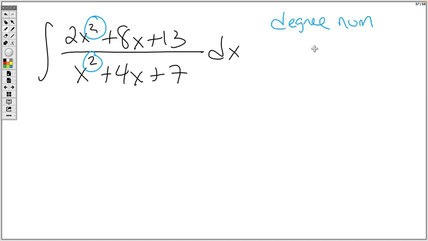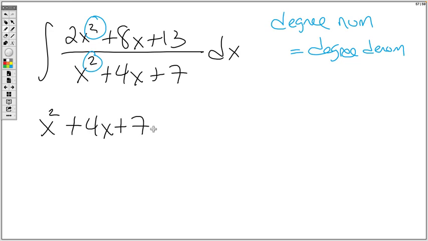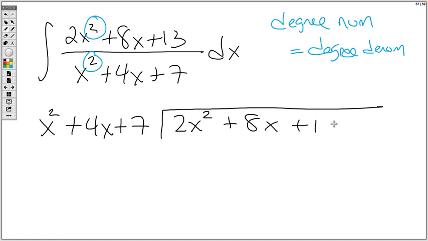Degree of the numerator, degree of the denominator. So we got to do long division first. So here we go. So the first thing, we need to take 2x squared divided by x squared, and that's what? 2. So that's going to go over the constant there, and now I need to multiply and subtract.